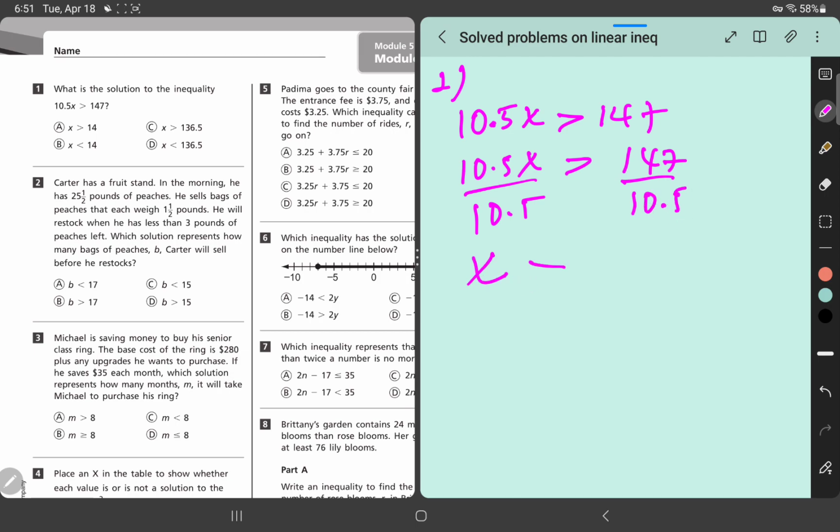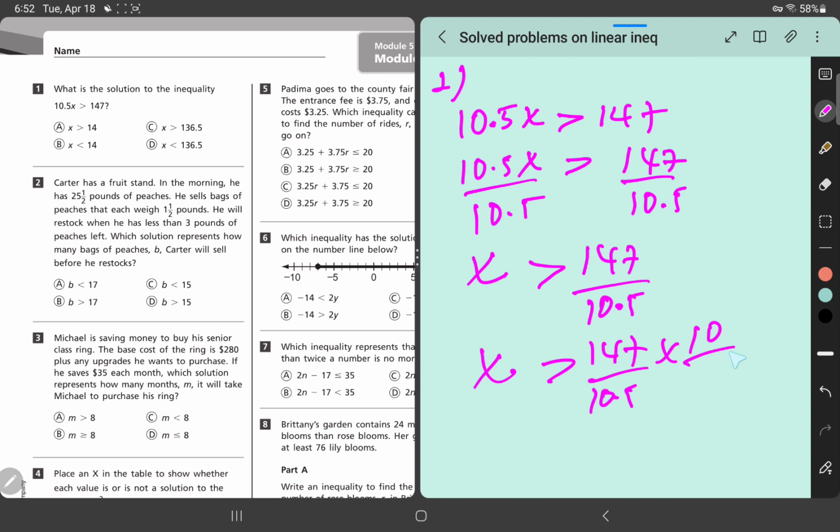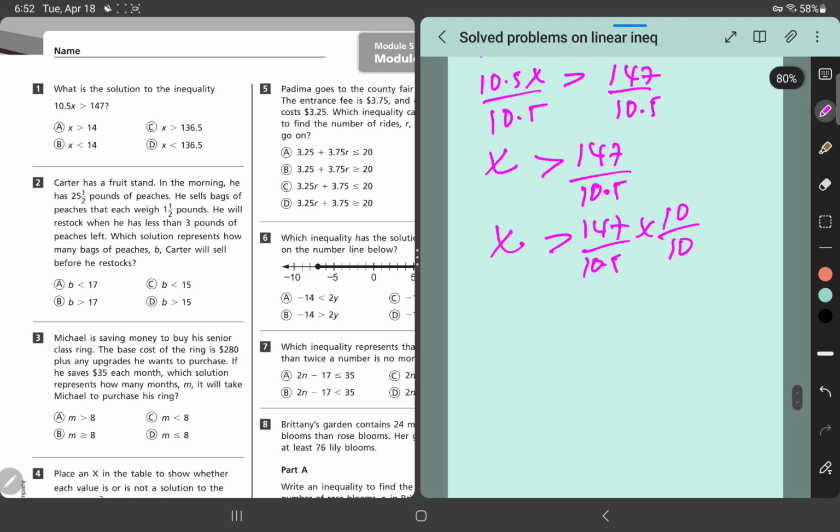So your x is greater than 147 divided by 10.5. Then you multiply by 10 over 10. So 10.5 times 10 is 105. Your x is greater than 147 times 10 over 105.